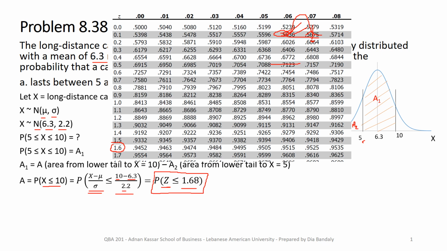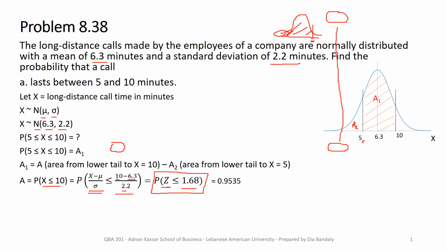The 0.08 column is the last one in my extract. So the corresponding area of 1.68 is 0.9535. I will note it down. So that's the big area.